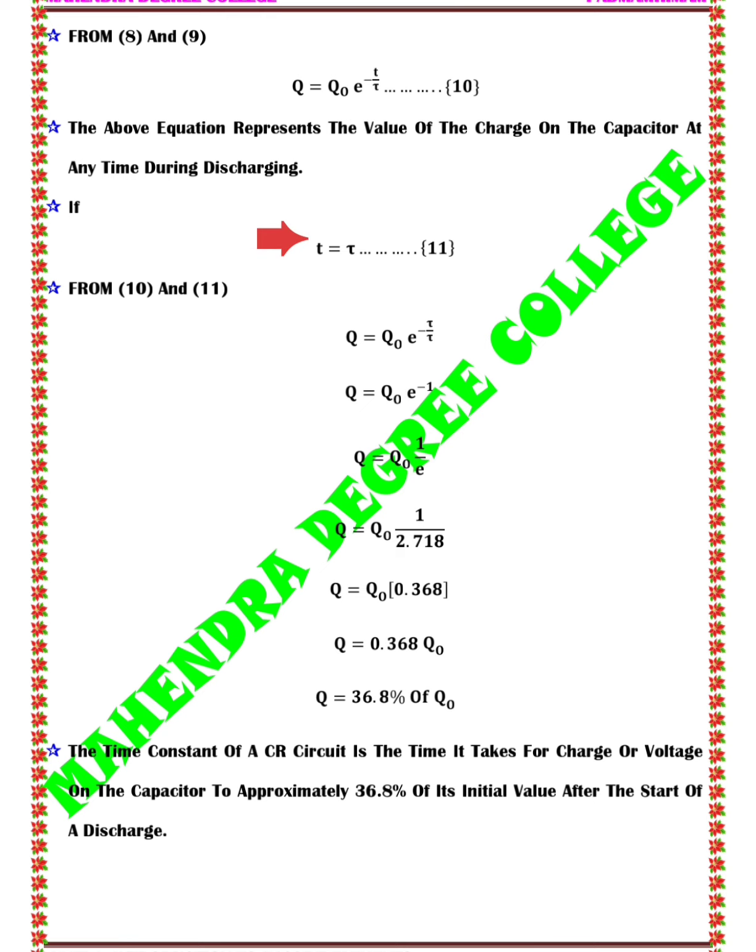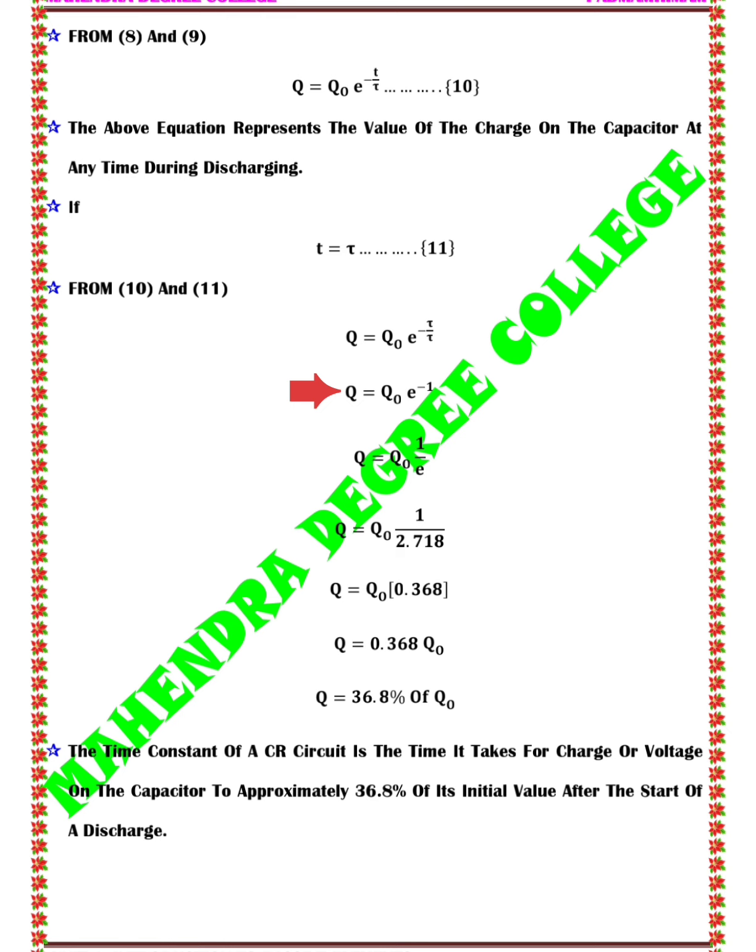If t equals tau, this is equation number 11. From equations 10 and 11, simply substitute the t value in equation number 10. We get Q equals Q naught e power minus tau by tau, where numerator tau and denominator tau cancelled.